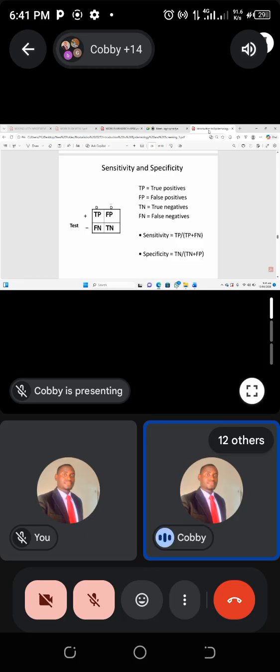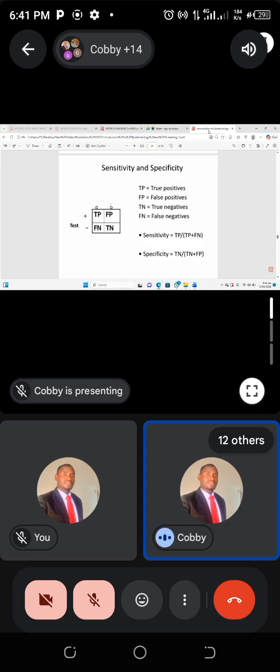So sensitivity refers to the ability of the test to correctly identify people with the disease, while specificity refers to the ability of the test to correctly identify people without the disease. Okay? Those are people who test negative.